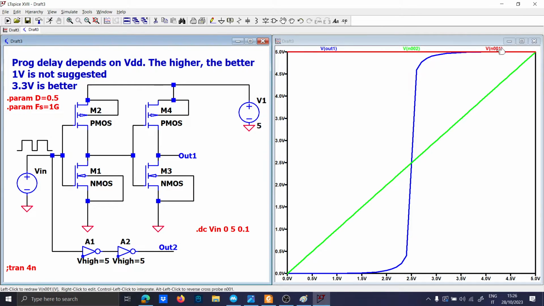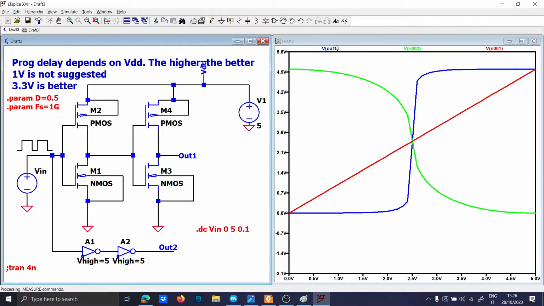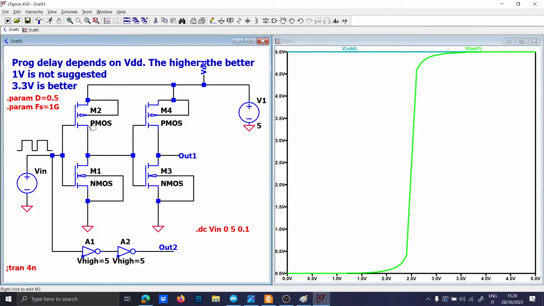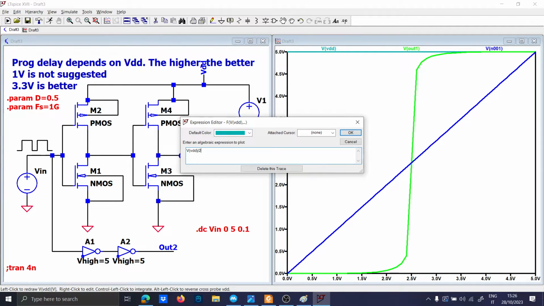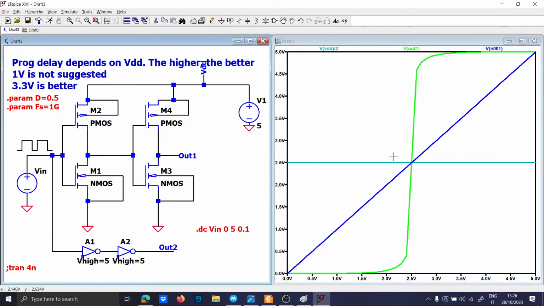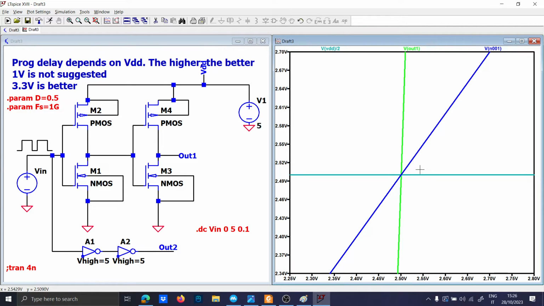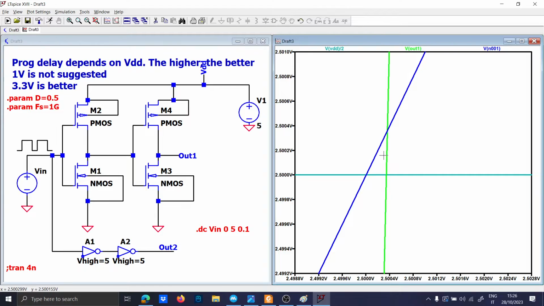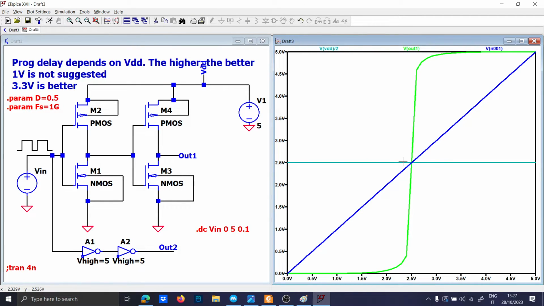If you take the power supply VDD, and run again, and you divide VDD over 2, you will see that this is the threshold point of the circuit. There is a little bit of discrepancy, but I don't care. So this is the threshold point of your inverter.